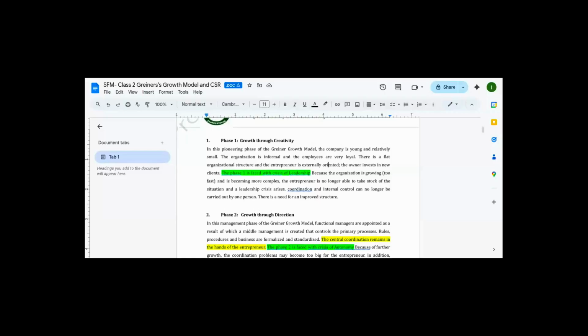So we can see in that green pencil, which is done to make it easier for you anytime you are reading, that phase one is a phase that is characterized by crisis of leadership, and that is justified. There is a crisis of leadership because the organization is growing too fast.